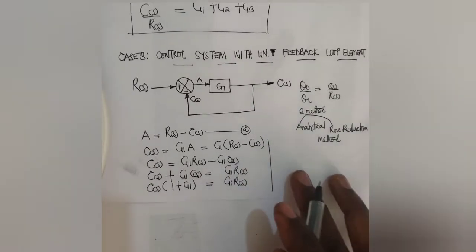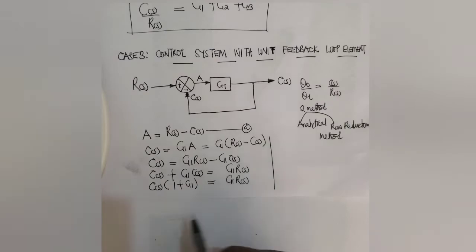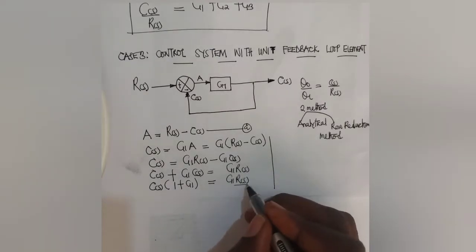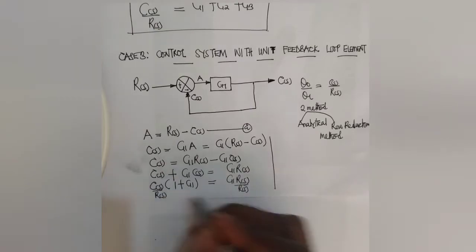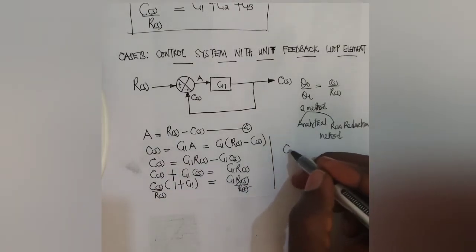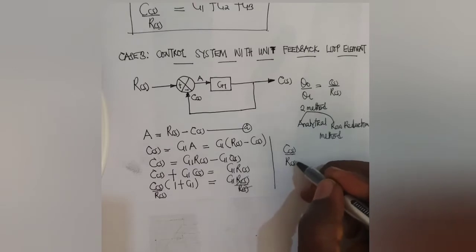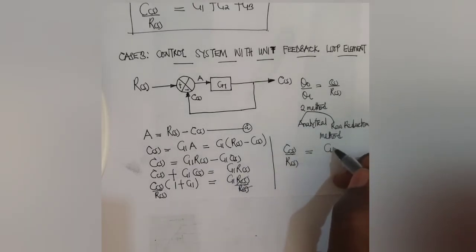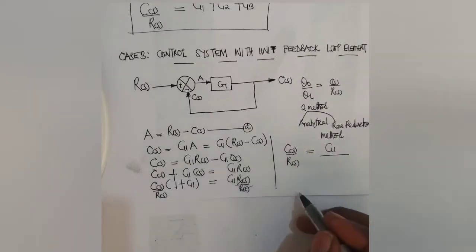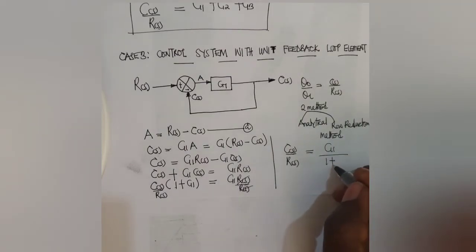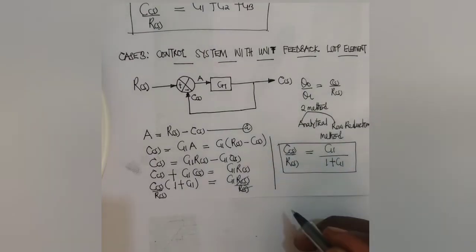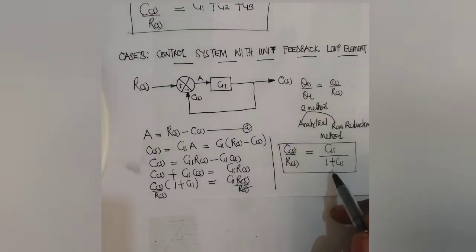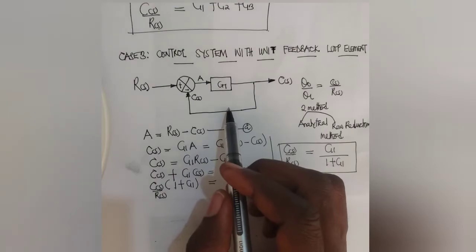So I can easily say from here, if you divide through by your RS, I can say my CS over my RS is equal to G1, then you bring the 1 plus down, so I'm going to have 1 plus G1. So this is going to be my corresponding transfer function whenever you have this kind of system.